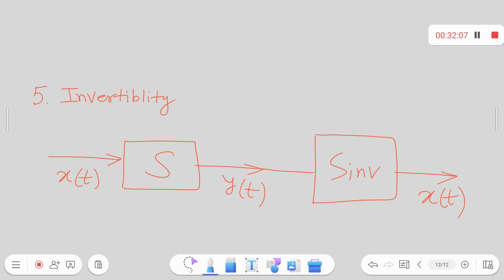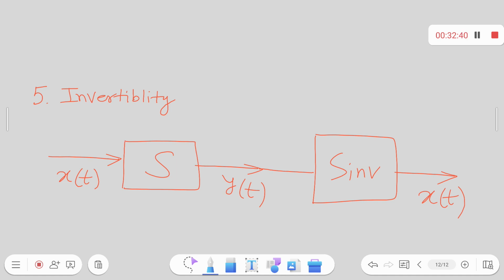Now suppose I would like to generate the input from the output itself. Suppose it is possible for you to design one system, S inverse, which can produce x of t out of y of t, and this is true for all x of t.